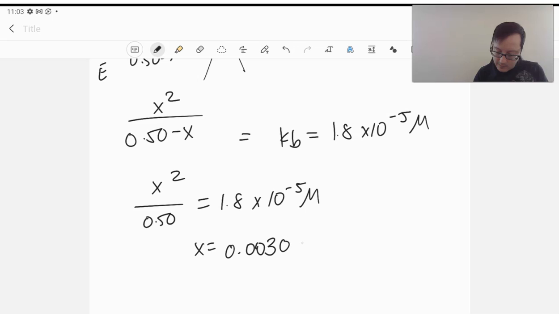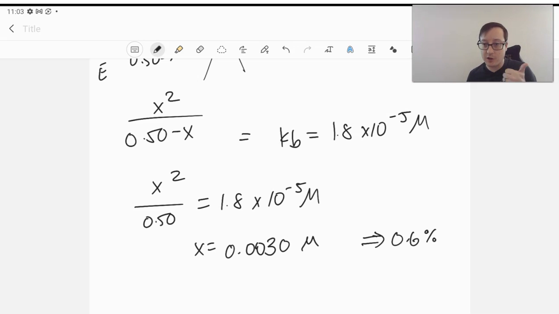And we're going to need one more sig fig. So we can see here that we're going to want to go ahead and do our check. 0.003 divided by 0.5. We get that it's 0.6%. Same as our percent ionization, by the way. So we have 0.6%. We're good. Assumption is valid. Our assumption gets a happy face. So 0.6%. We're fine. We can use this x value then.